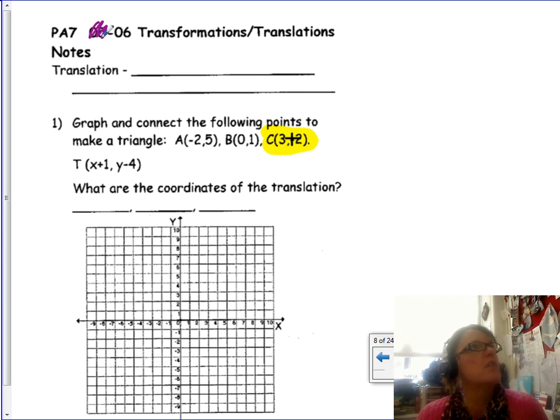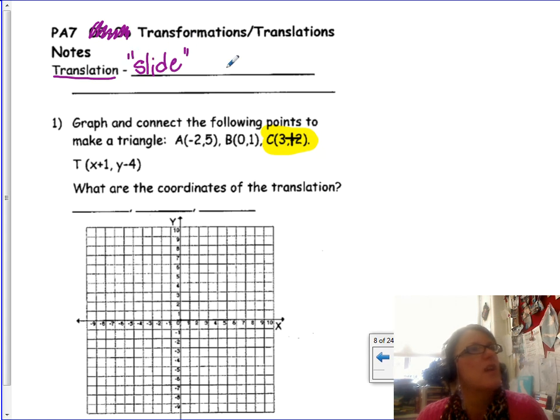So you have a note sheet that should say transformations and translations. Let's first of all define what a translation is, mathematically, not language-wise, because language-wise you're changing from one language to another. Mathematically, this is what we call a slide.